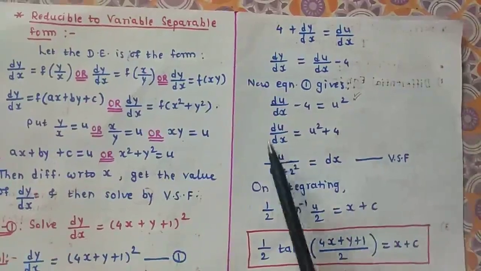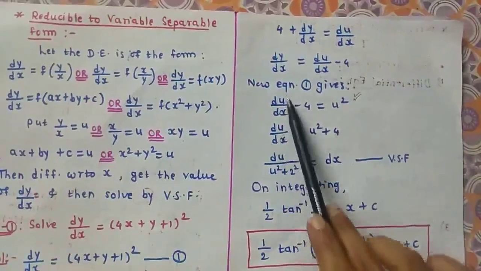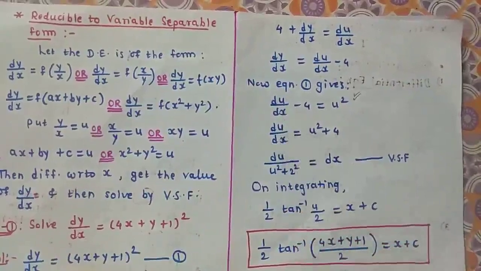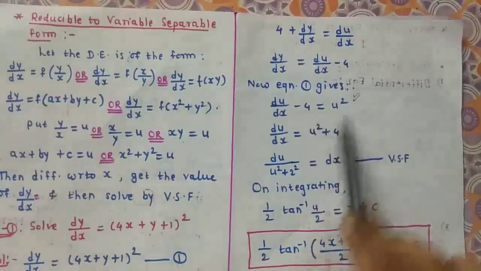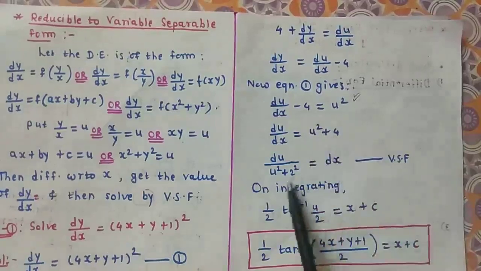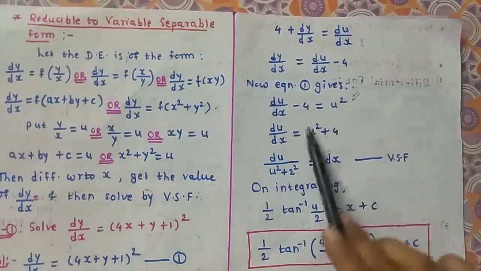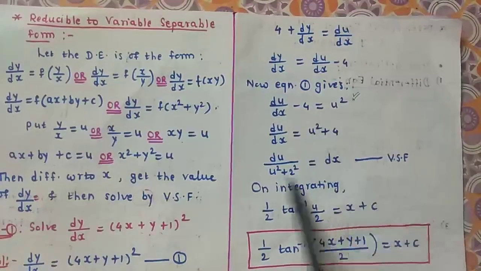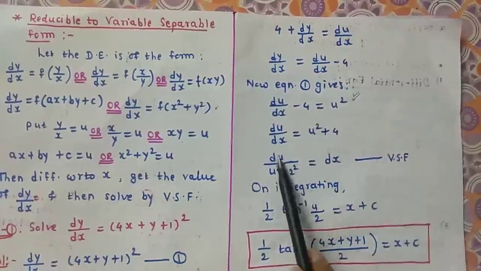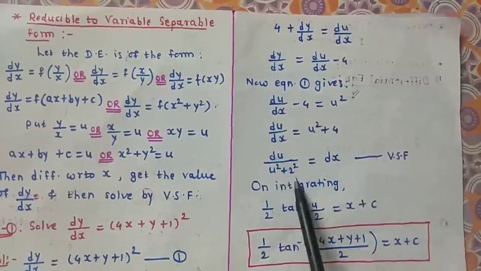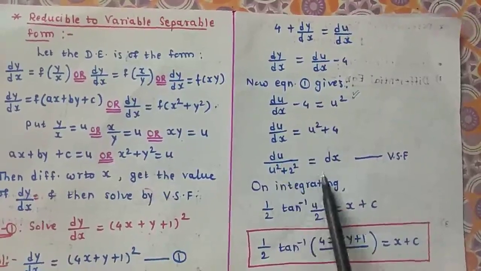Now if you observe, this is a differential equation in u and x. Now we try to separate u and du terms from x and dx terms. We shift this minus 4, so we get u square plus 4. Then we shift this complete term u square plus 4 towards the left side, so we get du by u square plus 4, that is 2 square, equals dx.